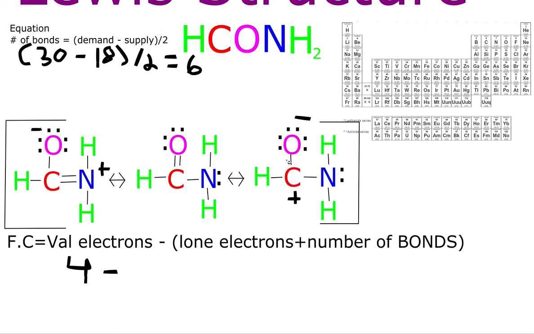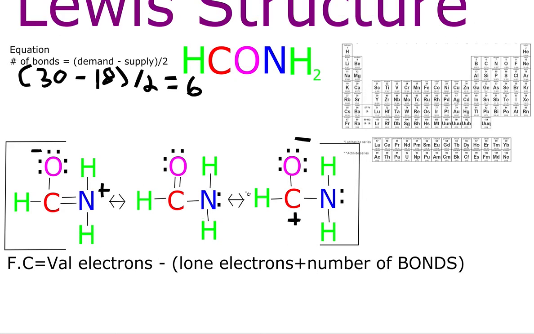This carbon only has 2, 4, 6 valence electrons around it, that's why it's called a sextet, and it doesn't really contribute to the resonance hybrid as much, but let me show you how to determine which one is the best.